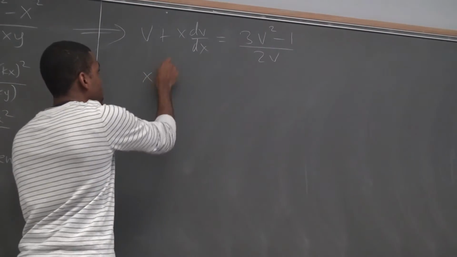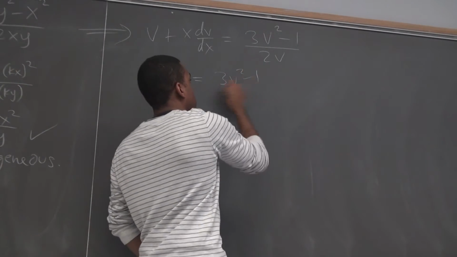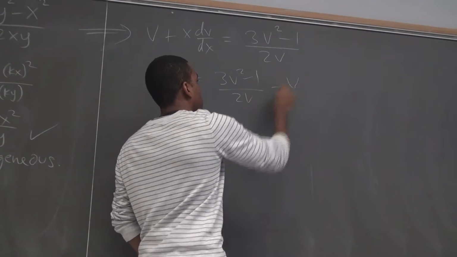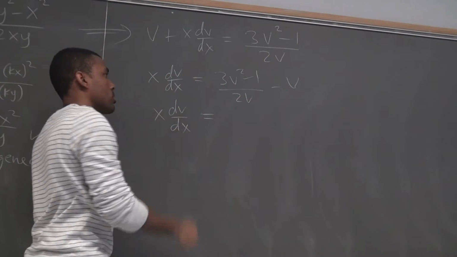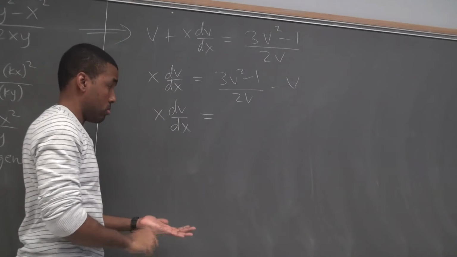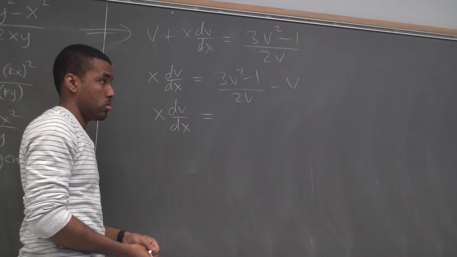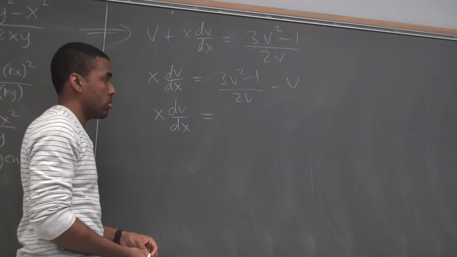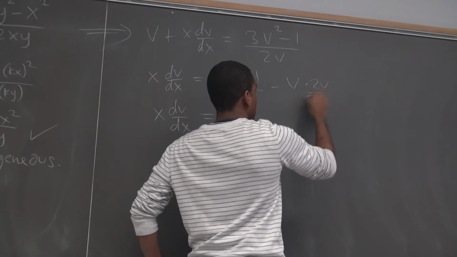Subtract the v from both sides. That's always what you do. And what do I do now? What's the next step? Common denominator, so you have 2v over 2v.